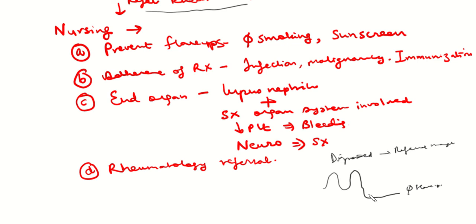How will their inflammation be low? Hey, don't smoke. Don't expose yourself to ultraviolet radiation. Stay away from infections. Don't involve yourself in any triggers that will increase the disease activity. So sunscreening, smoking cessation. Take your medications.